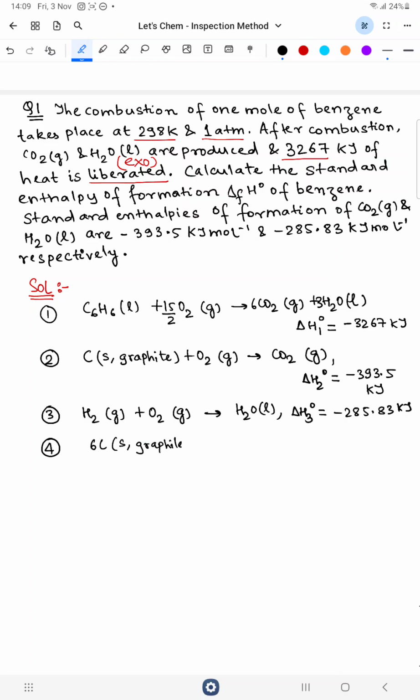I hope you understand why I am writing graphite, because it's a more stable allotrope of carbon as compared to diamond and C60 Buckminsterfullerene, plus 3H2 gas gives C6H6 liquid. Delta H4 naught we don't know, so we need to calculate it.